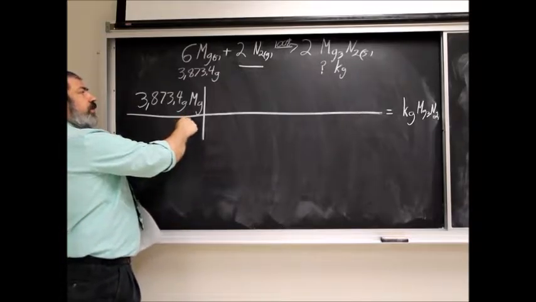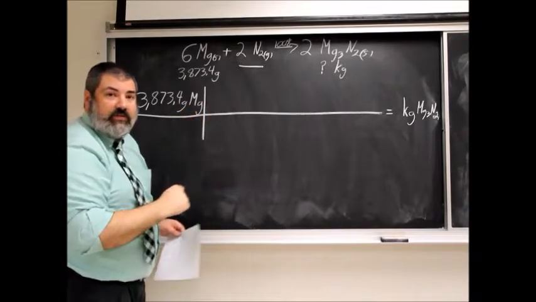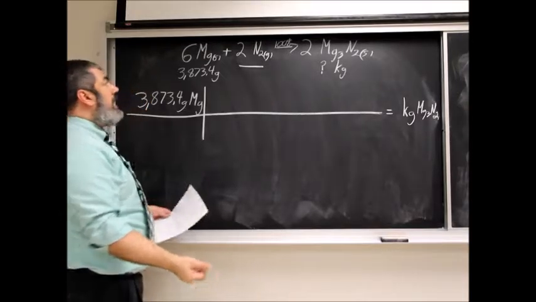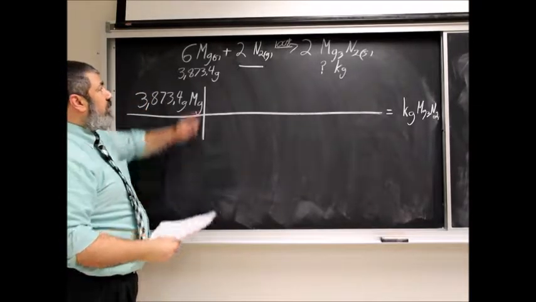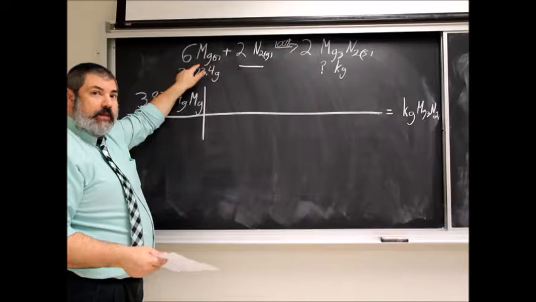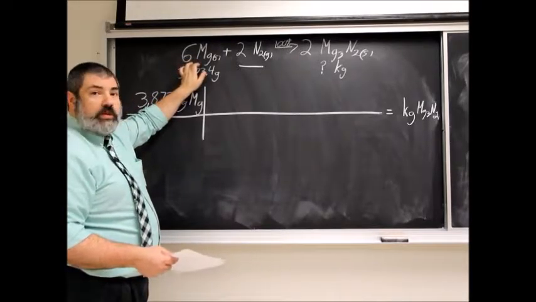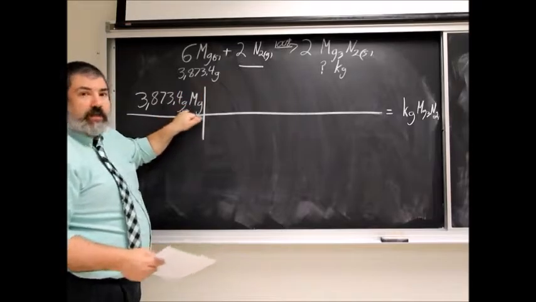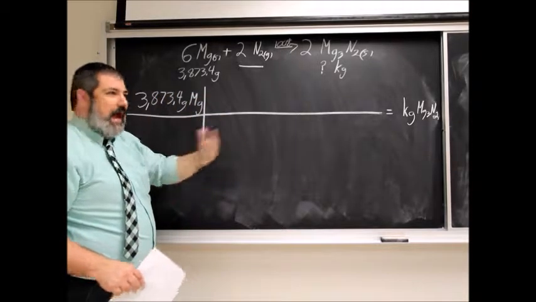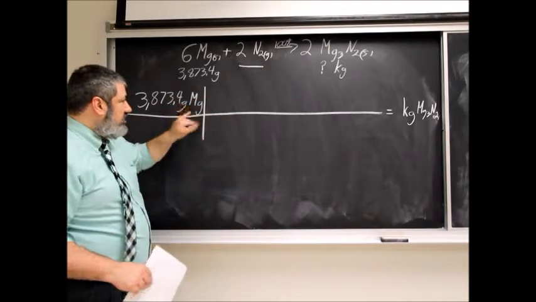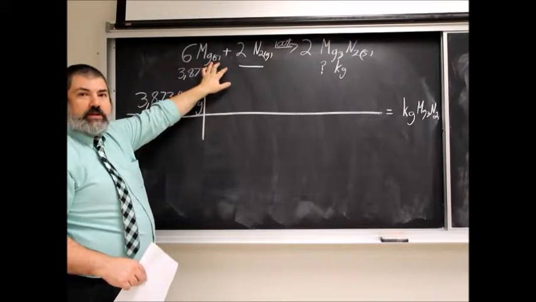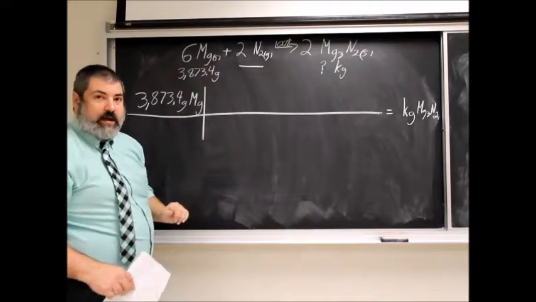So the most logical thing to do is convert from grams of magnesium to moles of magnesium. Again, why I say that's logical is the only way to use the balanced chemical equation is if you are in the unit of mole. Gram, kilogram, pound, ounce, liter, none of those will actually be useful when we're talking about a balanced chemical equation.